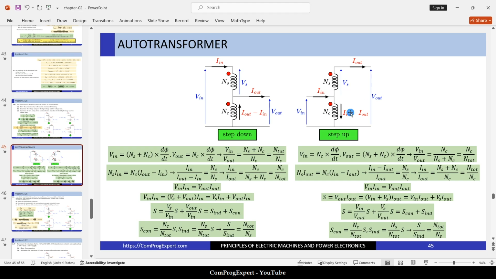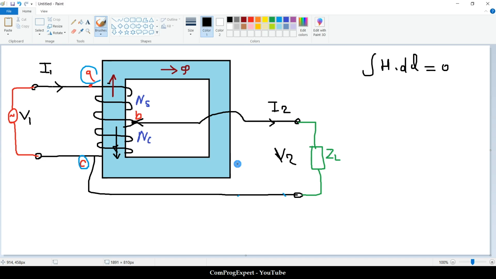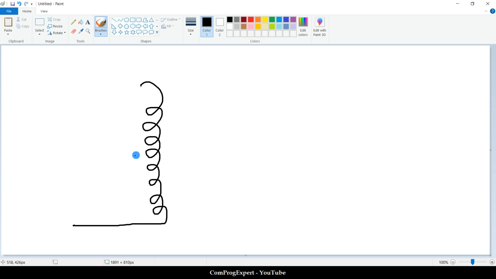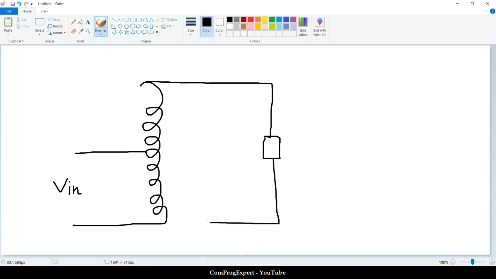In this case, for this step-up autotransformer, let me display the case. Here we have this coil, this is V in, this is the load ZL, here is N common, and this is NS.